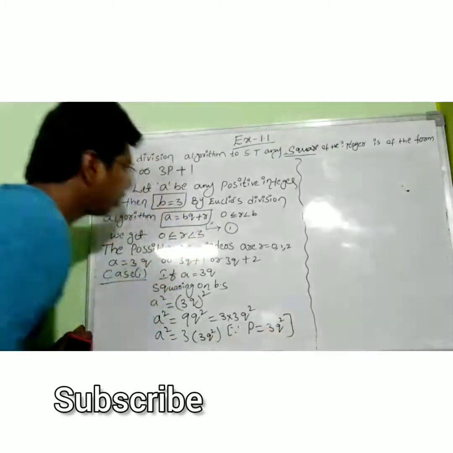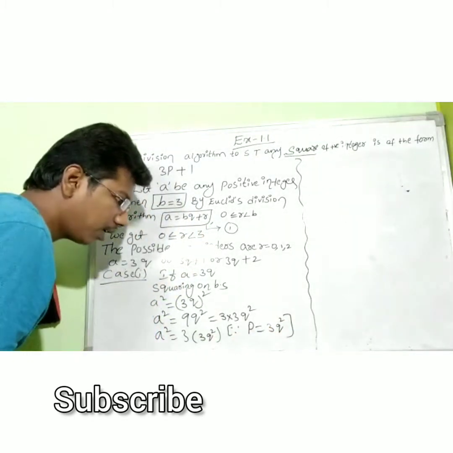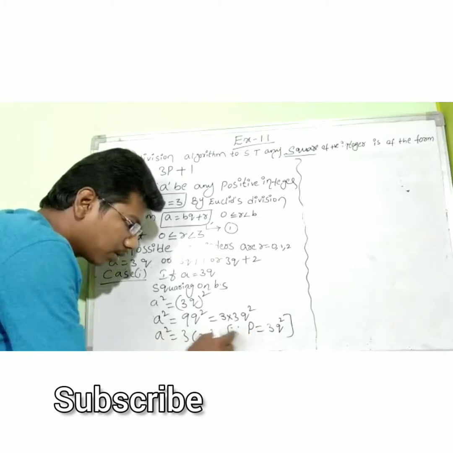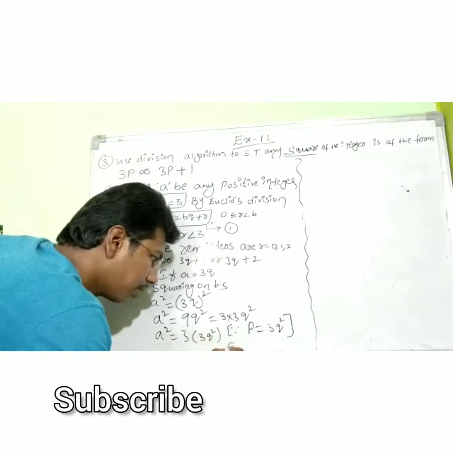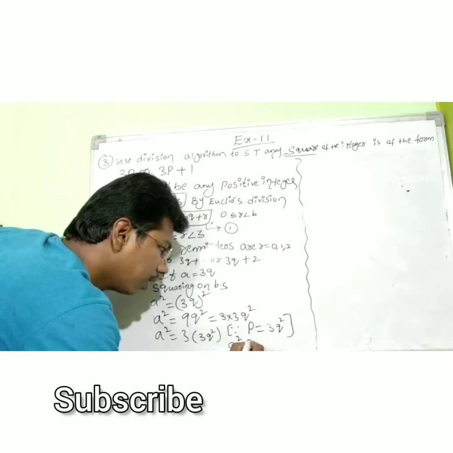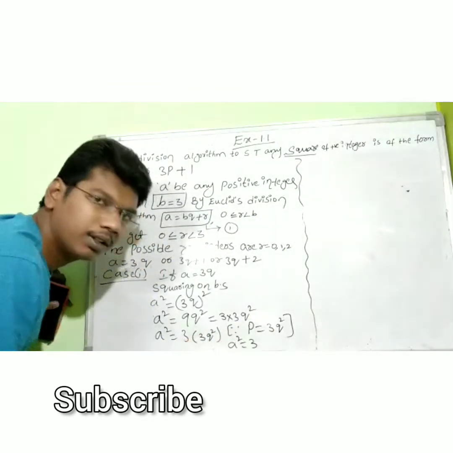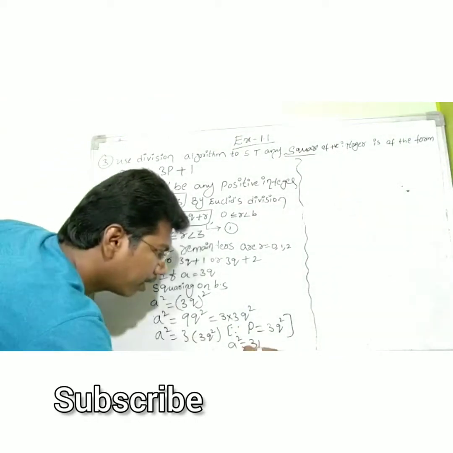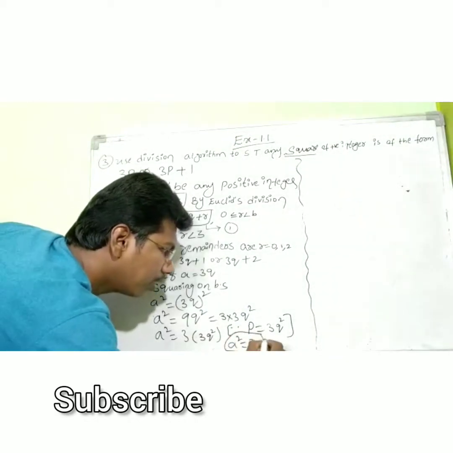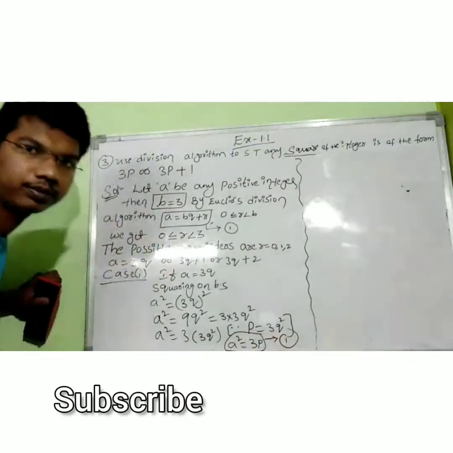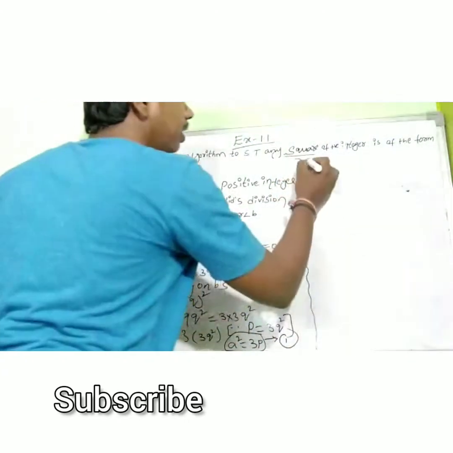Why? Because in our question we have to prove the form with p. Now let p is equal to 3q square. Now equation 1 becomes a square is equal to 3 into, in place of 3q square substitute p. This is equation number 1.